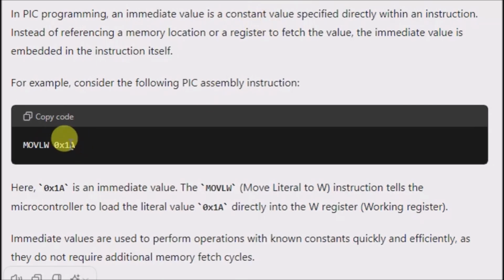It's just stated. You don't have to go looking for it in a RAM memory location. It's a constant, and therefore you don't have to go fetch through instruction cycles to get the value. It's just stated as a constant.